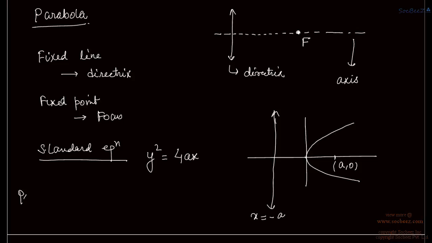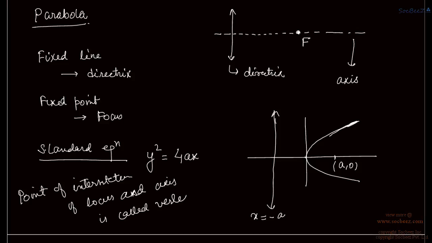The point of intersection of the locus, that is this shape, and the axis is called the vertex of the conic. So the vertex of the parabola in this case is the origin. Here the vertex is the origin. This is the x axis, this is the y axis, and this curve is y square is equal to 4ax, our standard parabola. Okay.